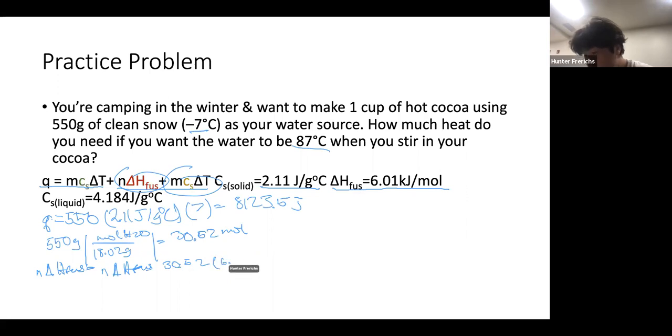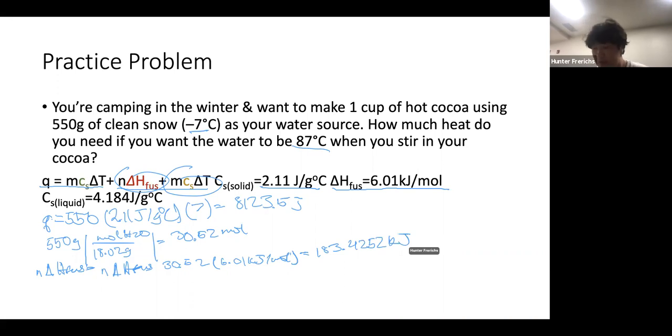So 30.52 times 6.01 gives you a total of 183.4252 kilojoules.